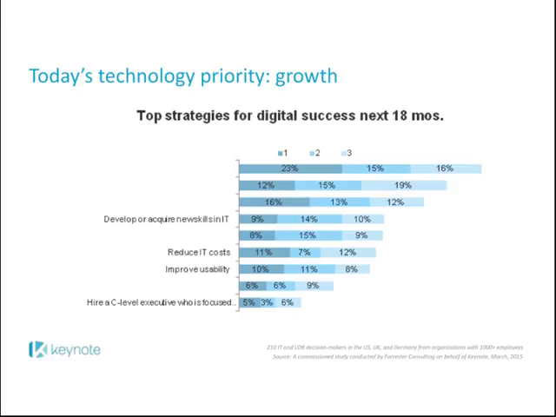Really, they focused around improving that customer experience, expanding their digital assets, specifically in terms of mobile, and investing in more people, more skills, versus maybe reducing costs and basically taking approaches that are more cost-oriented in nature.